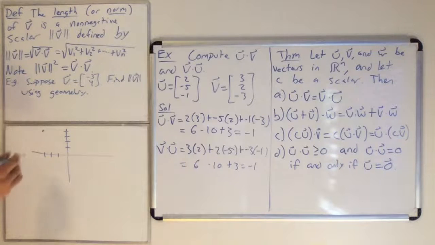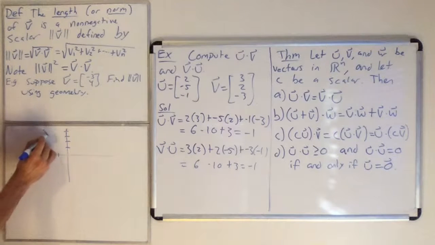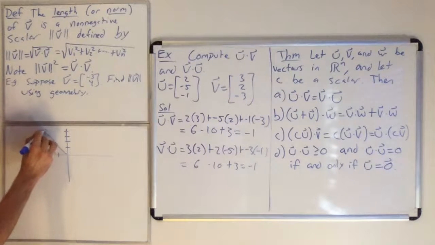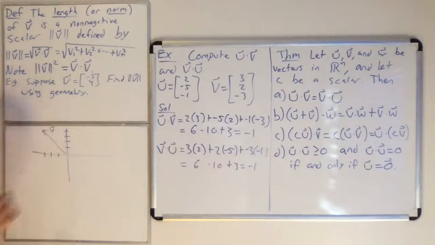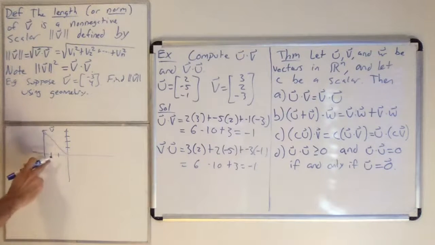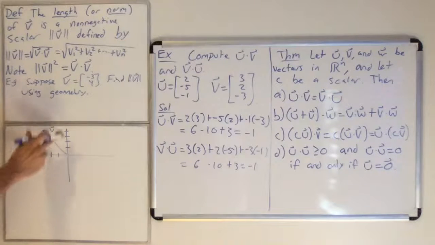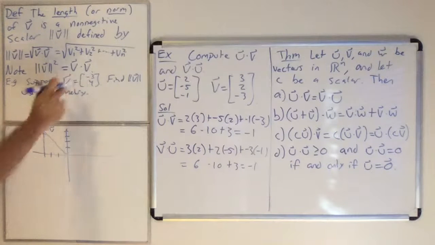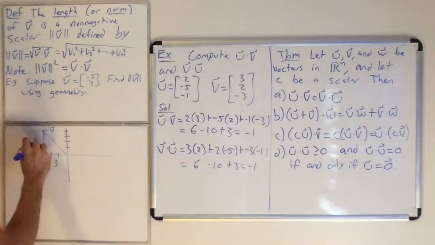Okay, so V would be this vector that points to here. One leg has length 3, right? It's pointing to the left by 3. The other leg has length 4.